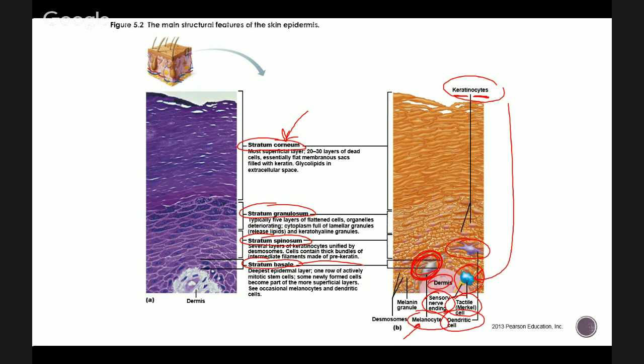So the sensory structures are also found deep in the epidermis, and there are also some other nervous structures in the dermis itself. If you're going to see structures of the nervous system in the epidermis, they're going to be way down at the bottom. Really, for any of these types of cells, you're going to see them closer to the bottom of the epidermis.